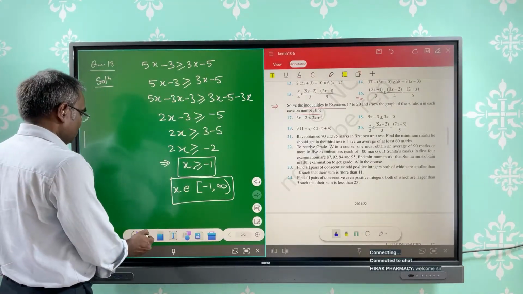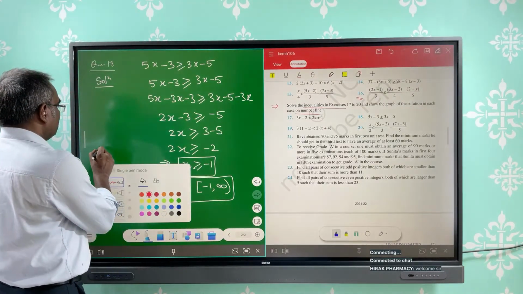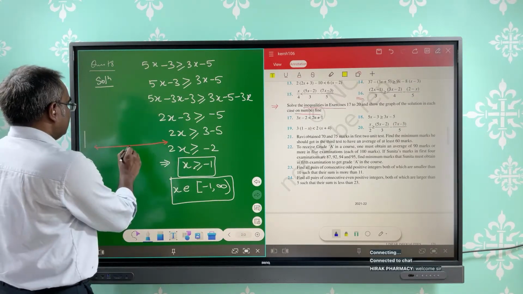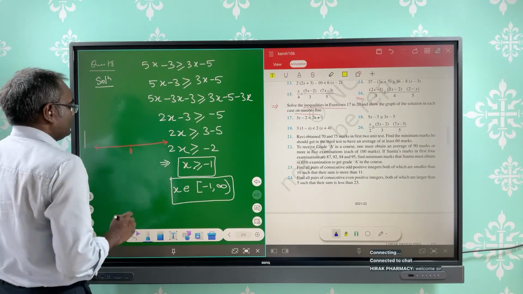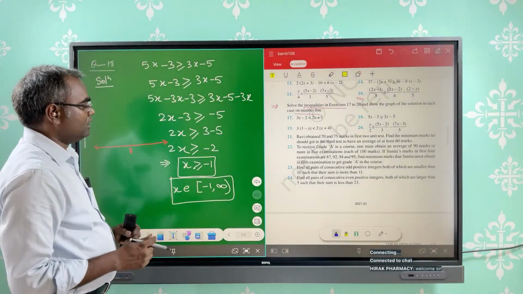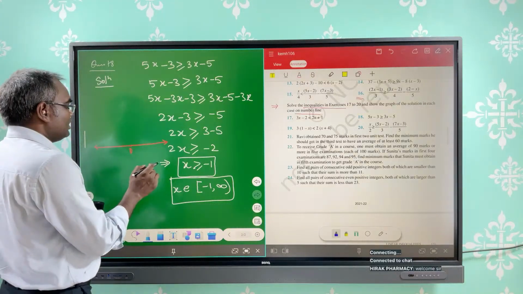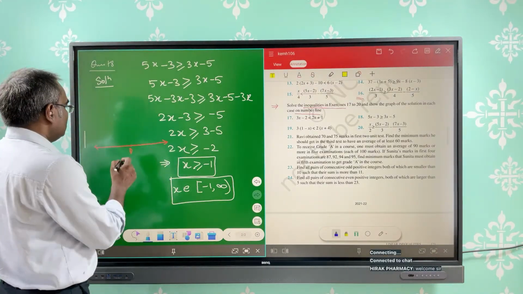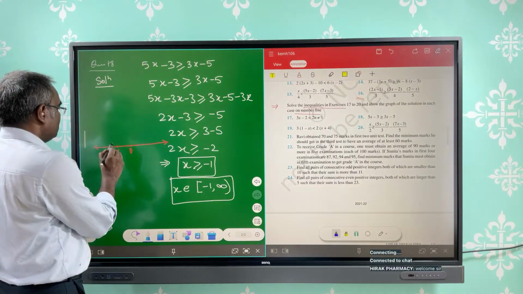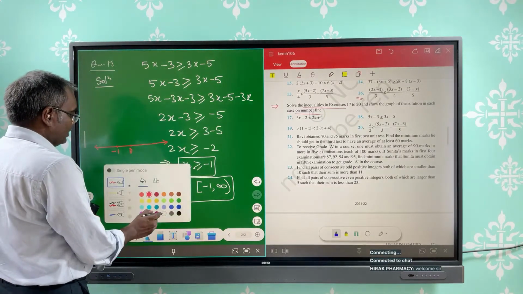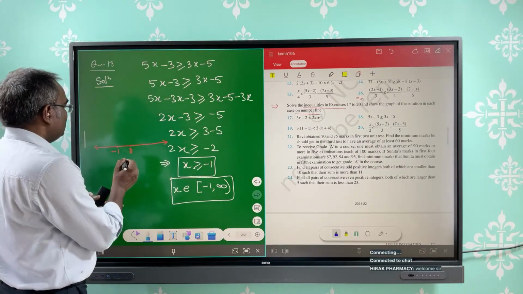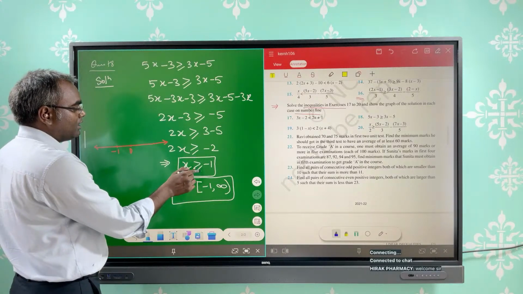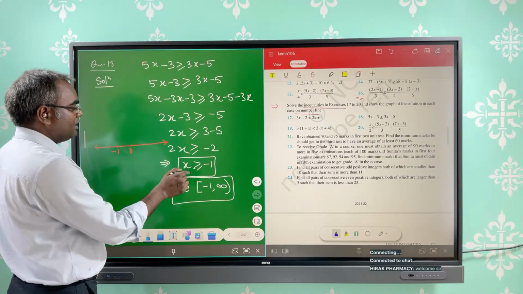on the number line. So let us plot. Let us draw a number line, and here is 0 on the number line. Here minus 1 is the smallest number for this because x is always greater than or equal to minus 1. So suppose this is minus 1. When we draw the solution on the number line, we will take this minus 1 because there is the equality sign also along with the inequality.